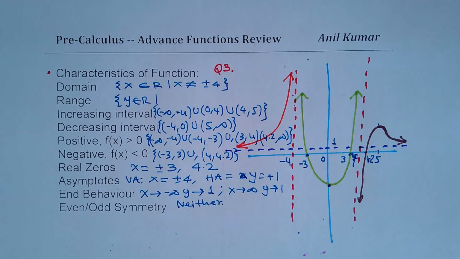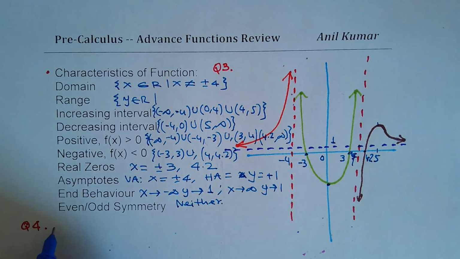Right? So these are very important characteristics which you can read from a graph. In the last question here, question number 4 for you is, let me write question number 4, and that is on even and odd symmetry, right?